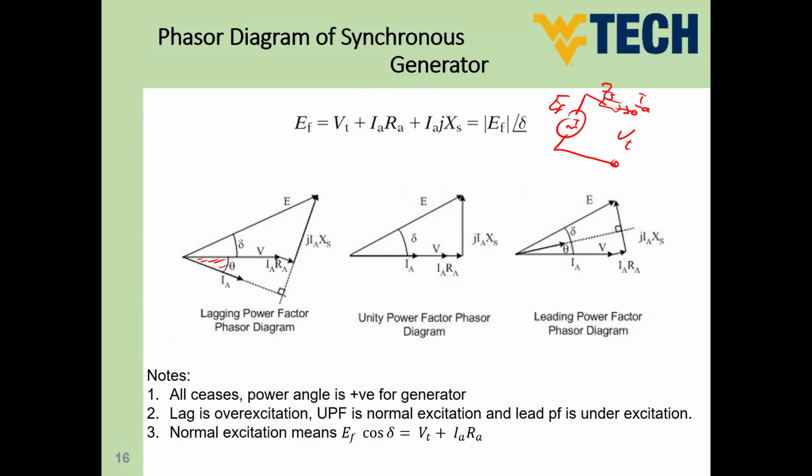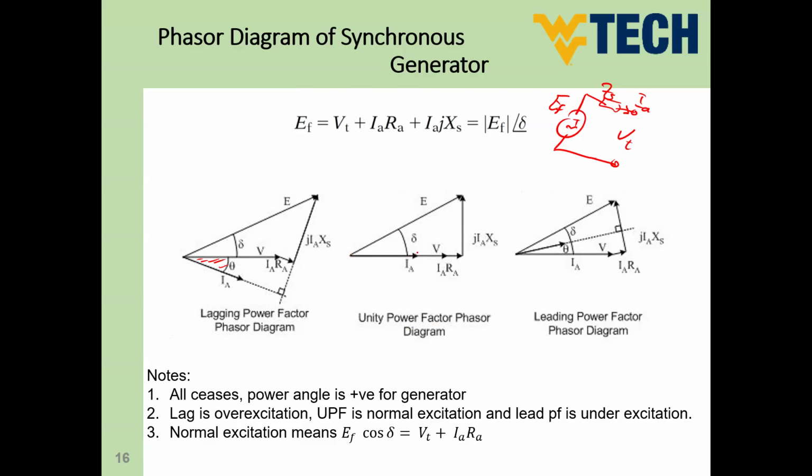Now, if we have unity power factor, so the unity power factor means the armature current is in phase with the machine volt. So as you can see here, this is the second case, unity power factor. The armature current is in phase with our machine volt.